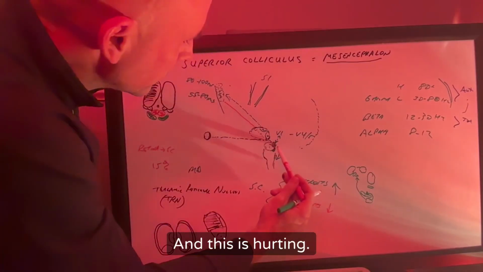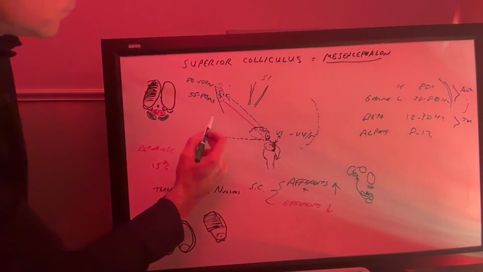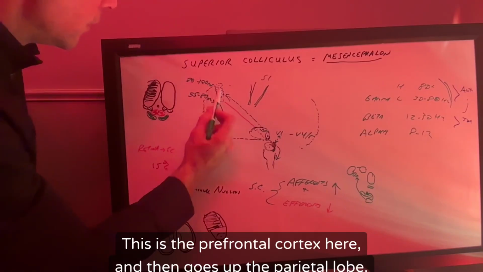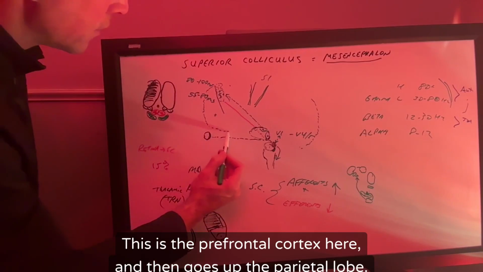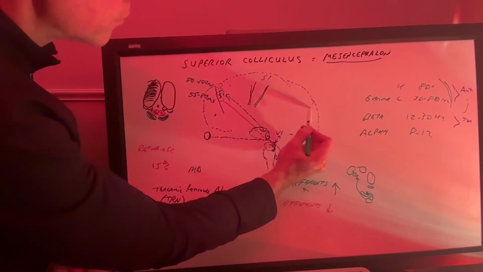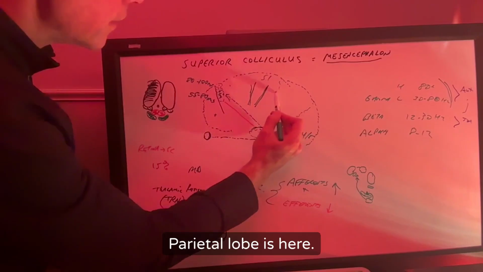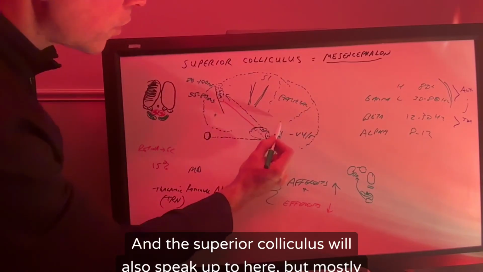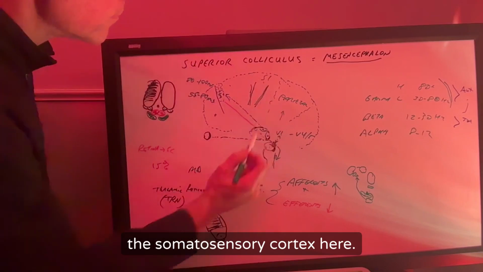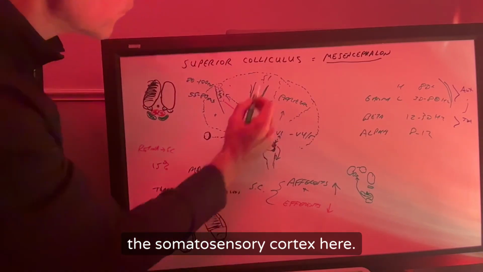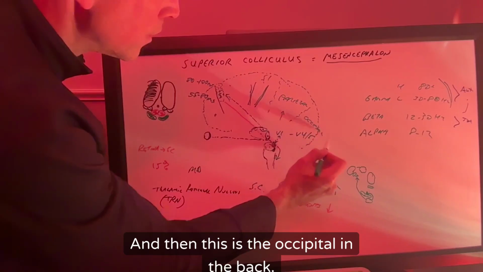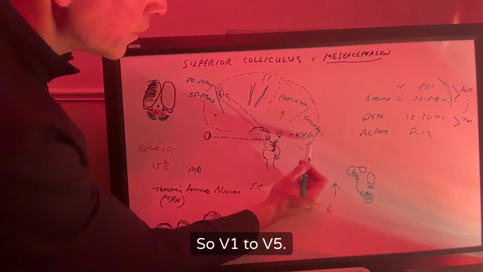And this is hurting. So if we just draw out the brain here, this is the prefrontal cortex here, and then it goes up the parietal lobe. Parietal lobe is here, and the superior colliculus will also speak up to here, but mostly the somatosensory cortex here. And then this is the occipital in the back. So V1 to V5.